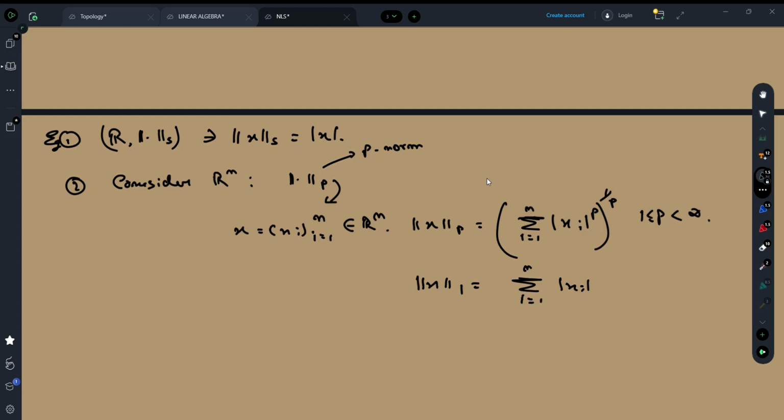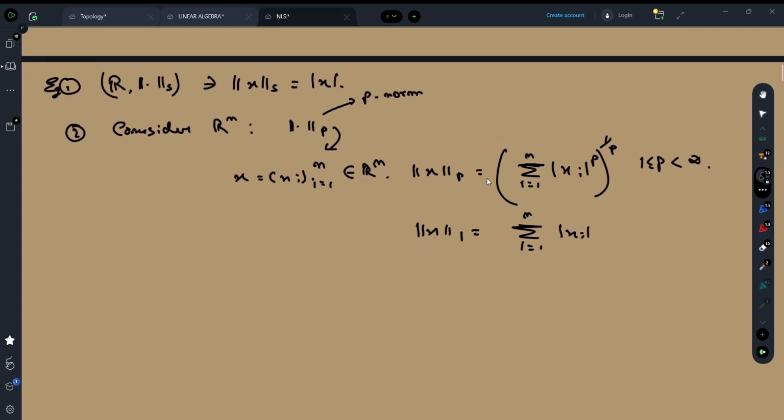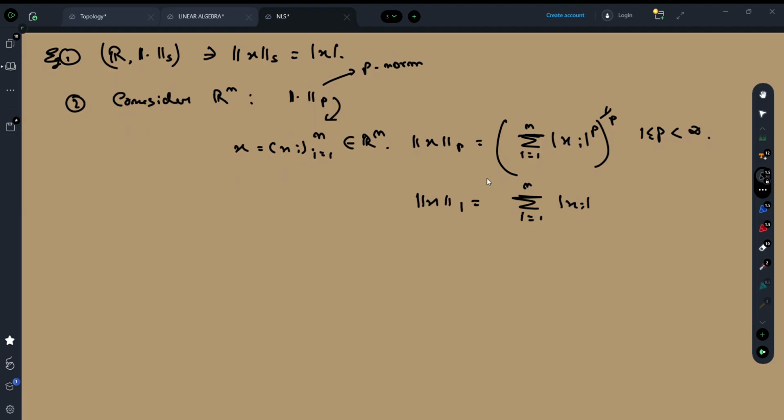If x was an element from R, this norm 1 is nothing but the standard norm. Then we have one very important type of the p norm, which is the 2 norm, defined as the summation over i ranging from 1 to n of mod of xi squared, whole to the power 1 by 2. This is called the Euclidean norm.